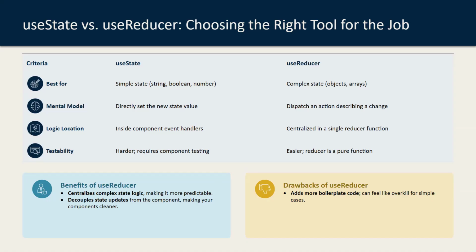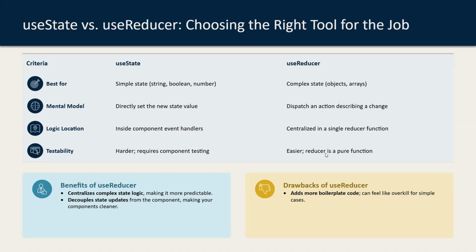But one trade-off is that it adds more boilerplate code. So for very simple cases, it can feel a bit unnecessary. So useReducer does not replace useState. It's just a better option for when the state logic becomes more structured or more complex.